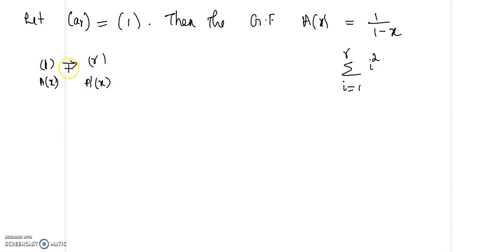To make the coefficient r, we need to take x into A dash of x, as we saw in the operations. So when we take x into A dash of x, you will get r times AR.